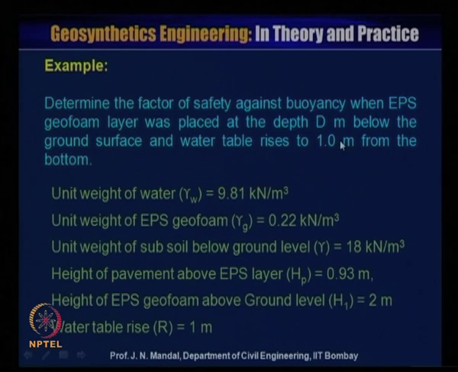Now, in this example, we determine the factor of safety against buoyancy when the EPS geofoam layer is placed at a depth of D meter below the ground surface and the water table rises to 1 meter from the bottom.